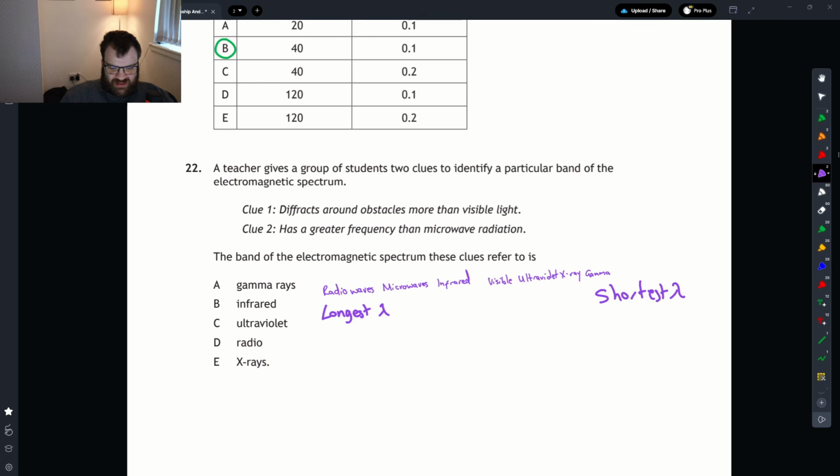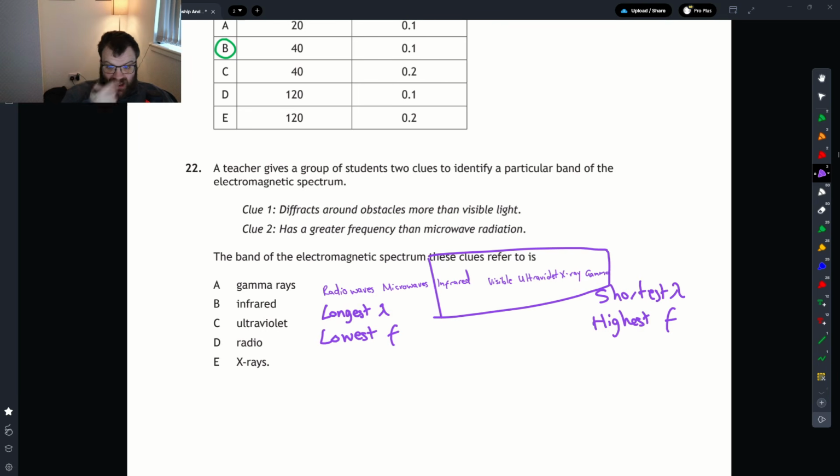You've then got the highest, lowest frequency. So wavelength and frequency are the opposite way around. So longest wavelength, lowest frequency, highest frequency. Right. So a greater frequency than microwaves. So that means that it's one of the ones past here.